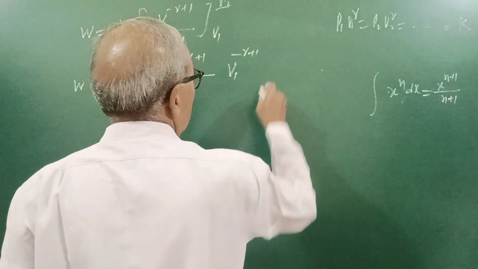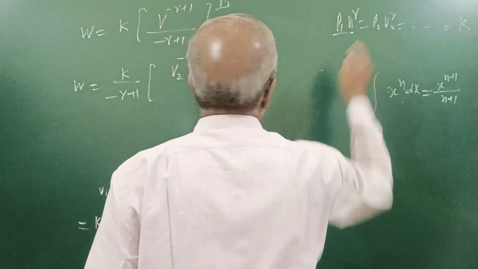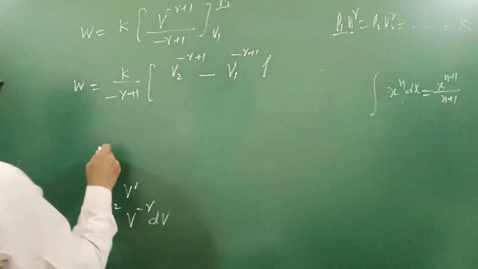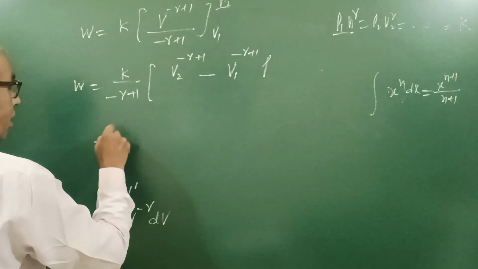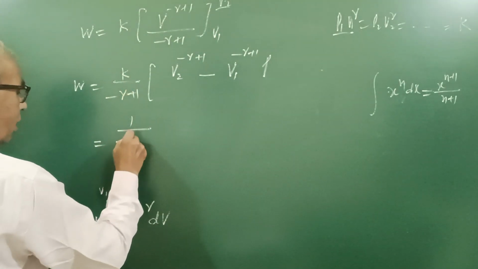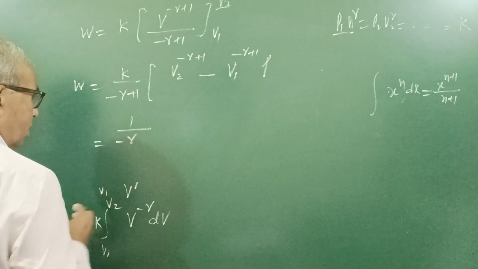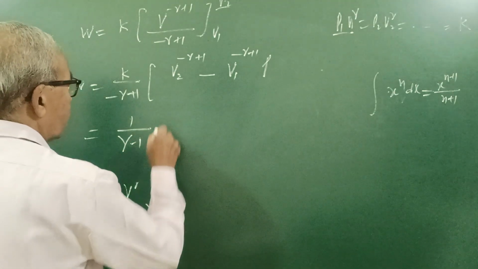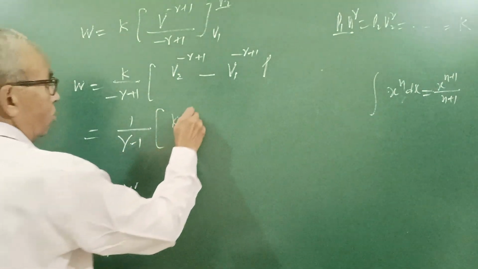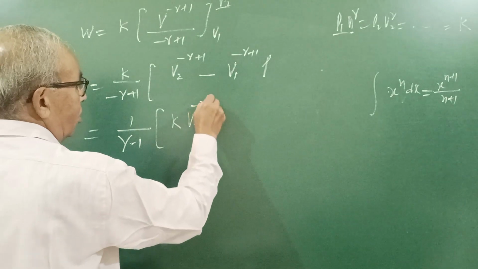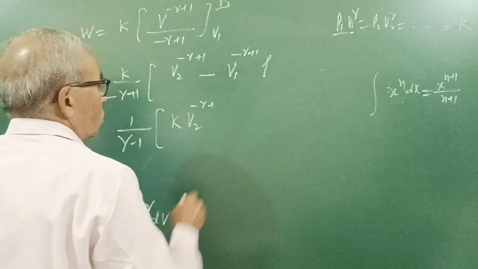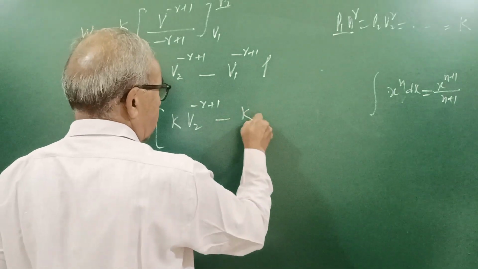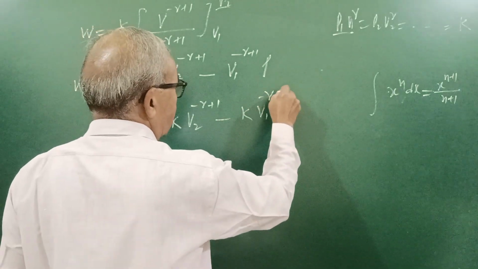As you know, P1 V1 to the power gamma is equal to P2 V2 to the power gamma equal to K. So if I take this K inside, I write here first K V2 to the power minus gamma plus 1 minus K V1 to the power minus gamma plus 1.